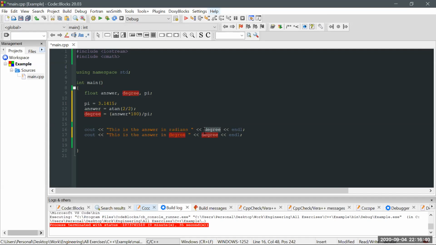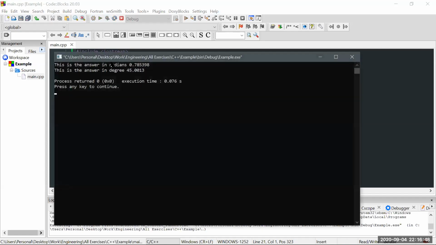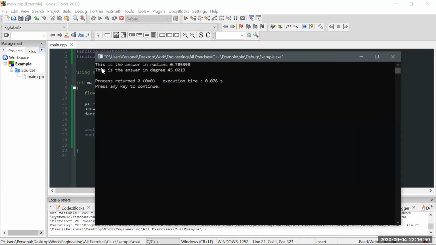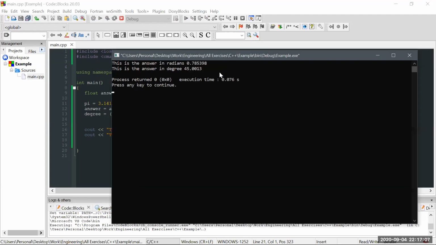So if you run this one, expect that this is the answer in radians, and this is the answer in degrees, which is close to 45 degrees. The reason why there are decimal points is because of the value of pi, which I wrote there.